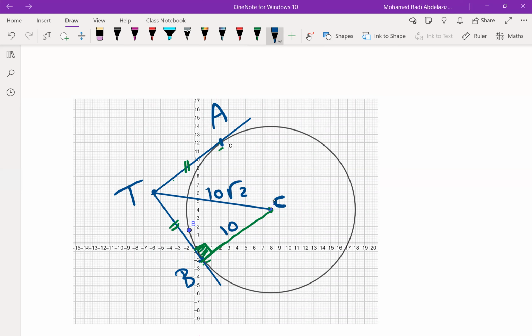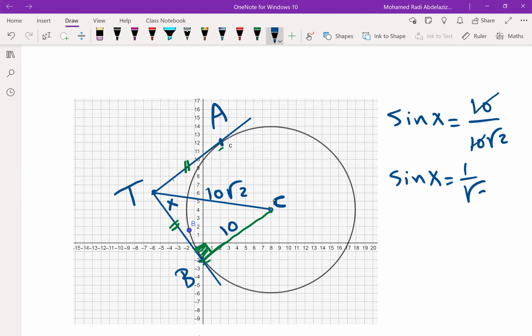You can get the measure of this angle, if we name it x, by using sine. Sine x is equal to opposite, which is 10, over the hypotenuse, which is 10 root 2. If you simplify, you will get sine x equal to 1 over root 2. So x is equal to sine inverse of 1 over root 2. So x will be 45 degrees.